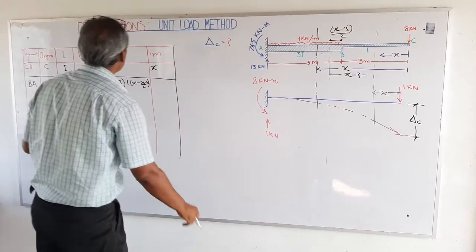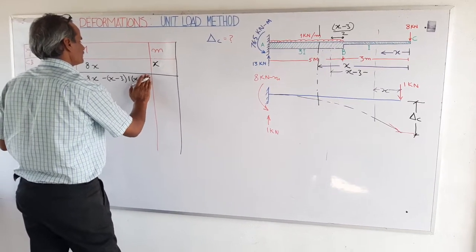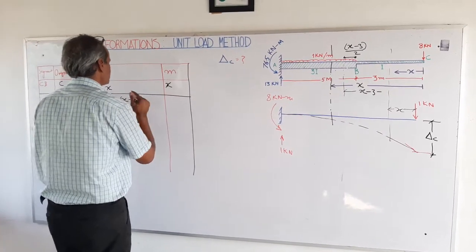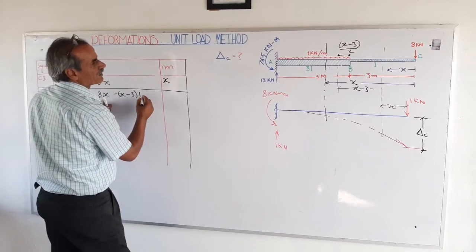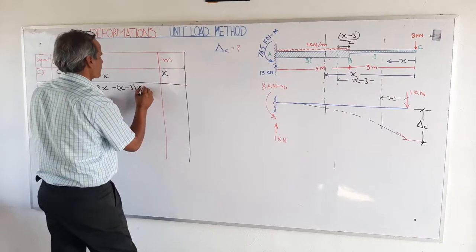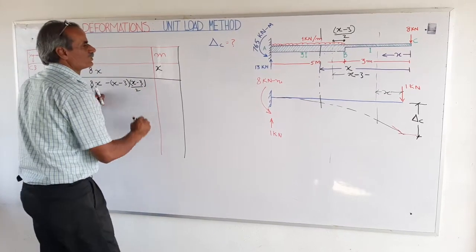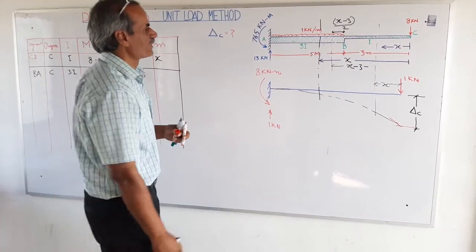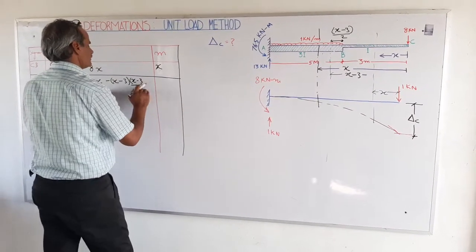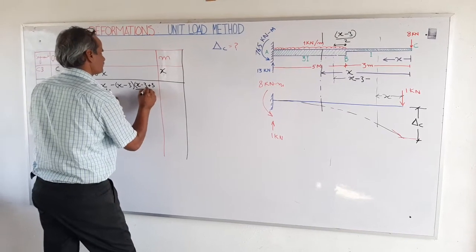So it is x, the distance at which this is acting is x minus 3 divided by 2 and plus this 3.